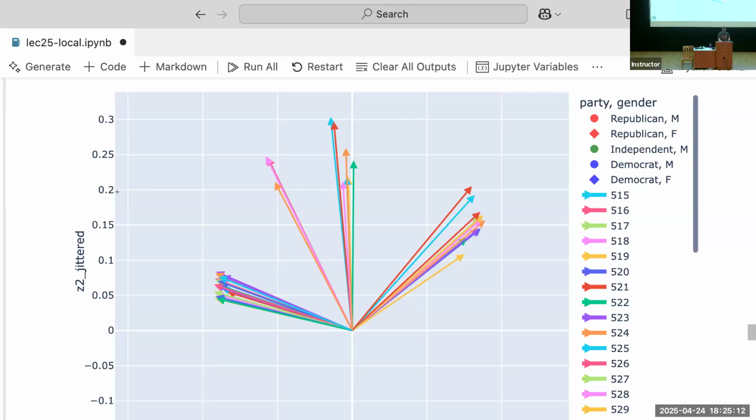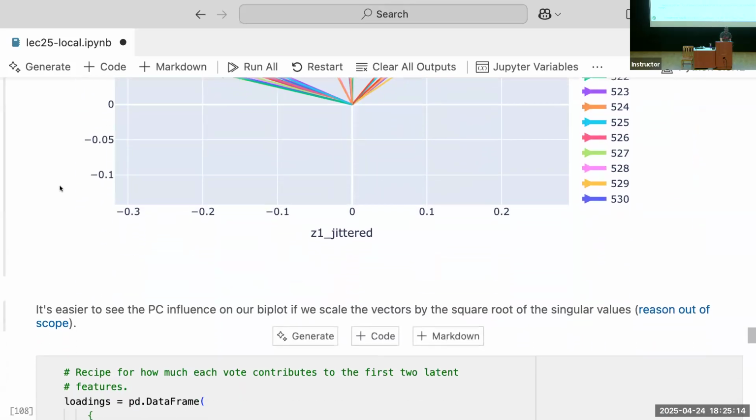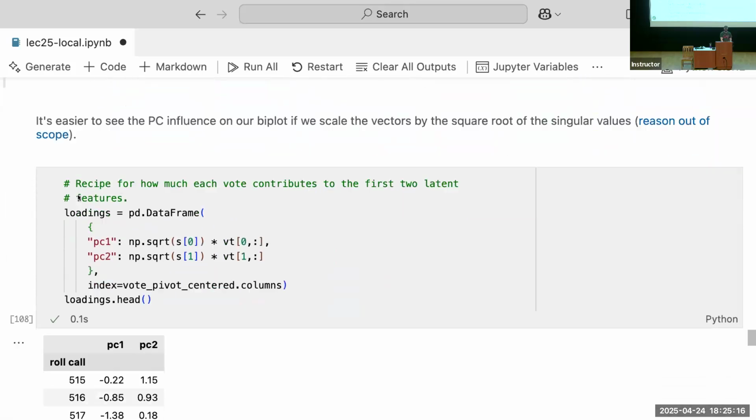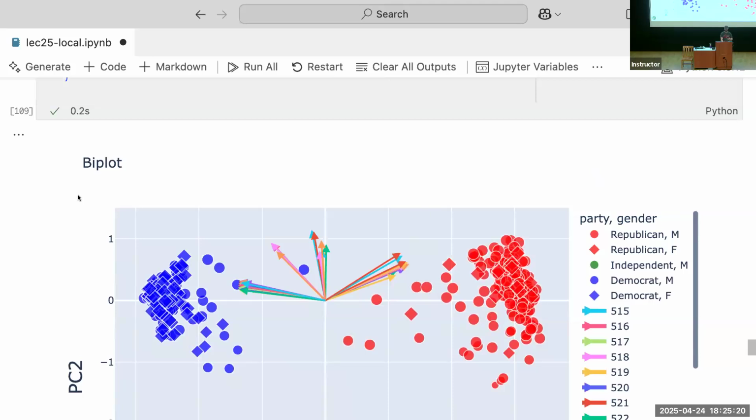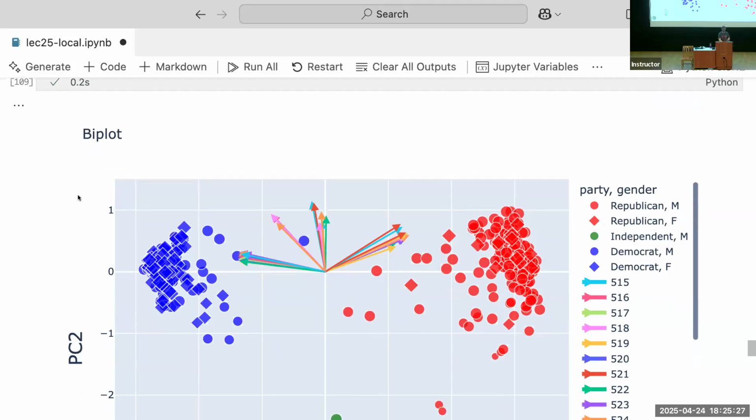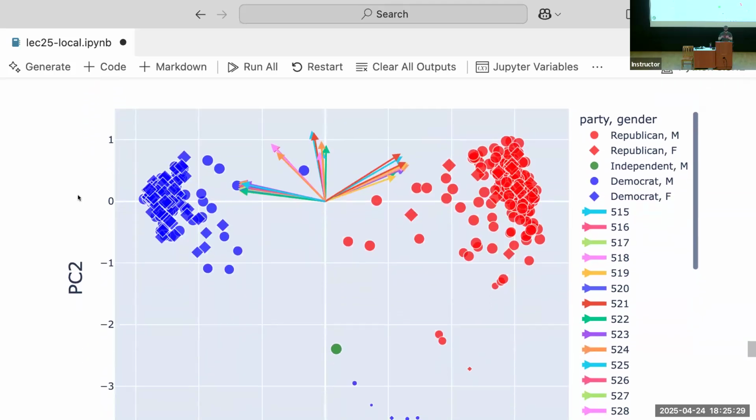And then again, beyond the scope of Data 100, but you can scale those arrows, remember they were so small, in different ways. One way you can scale them is by multiplying by the square root of the corresponding singular value. Don't worry about that for Data 100. There's lots of information online about scaling biplots. But if you do that, it becomes a little bit more interpretable on the natural scale of the data.